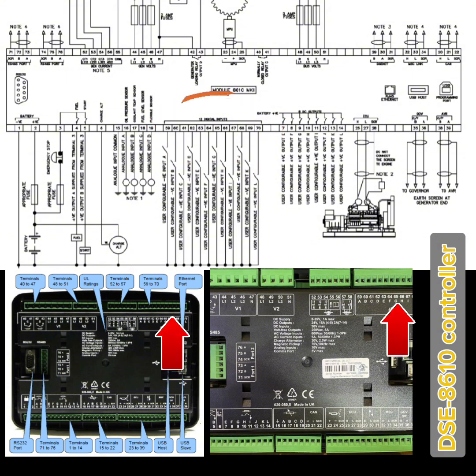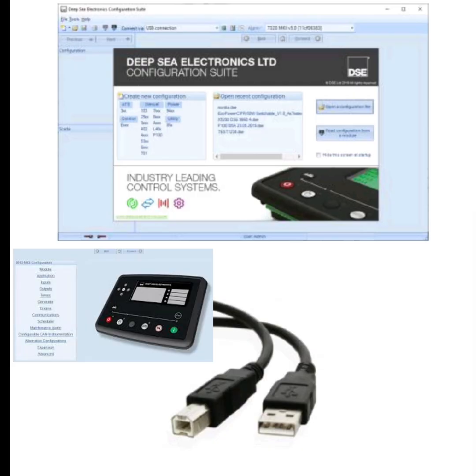You will configure these inputs from your Deepsea software, and we will discuss the software after this. Next you can watch my video for the Deepsea software. I will explain all of this software step by step. If you don't know the software settings, you can watch my video. And guys, all terminals are finished.